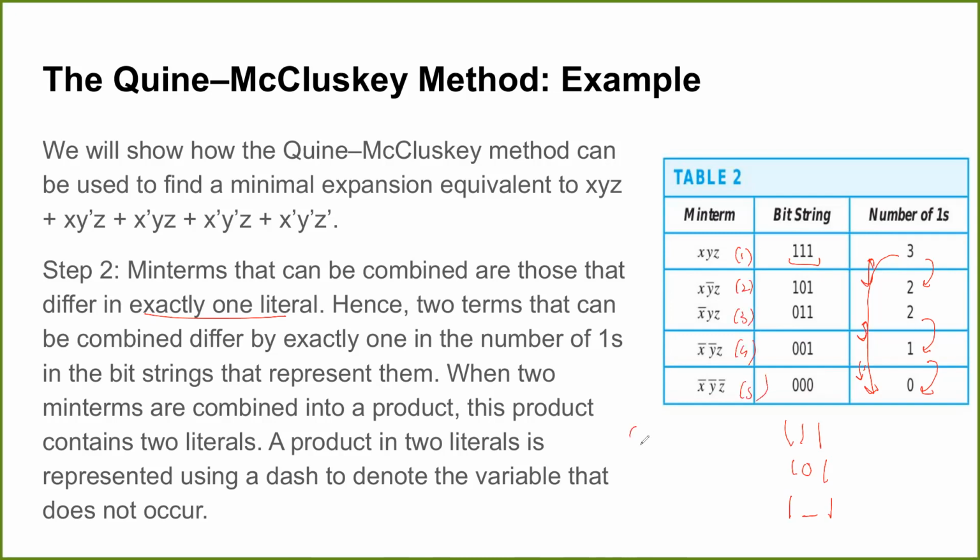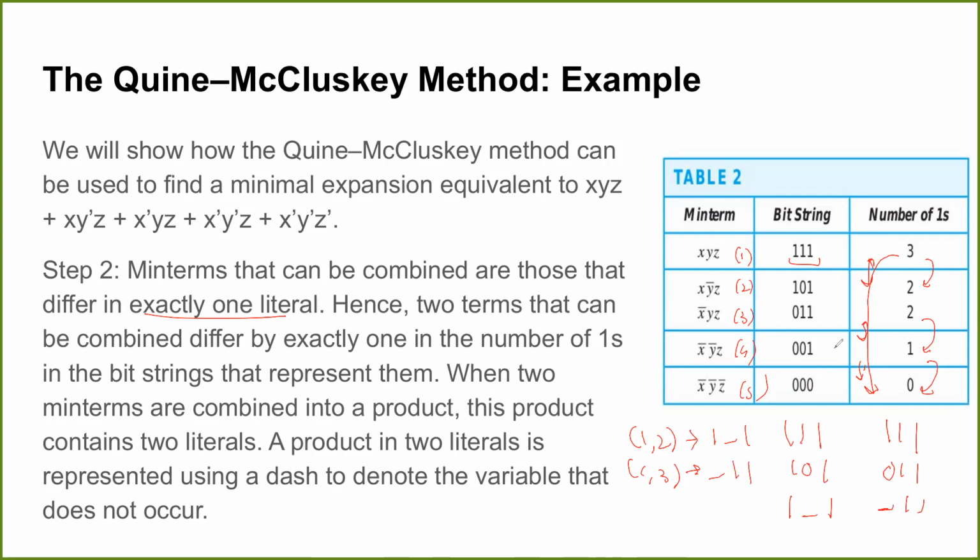One combination is 1 comma 2, which gives me 1 dash 1. Anything else I can combine with 1? Very good, 1 comma 3. What will be the equivalent of that in dash notation? We have 1 1 1 and 0 1 1. So 1 and 0 give a dash, and then 1 1.